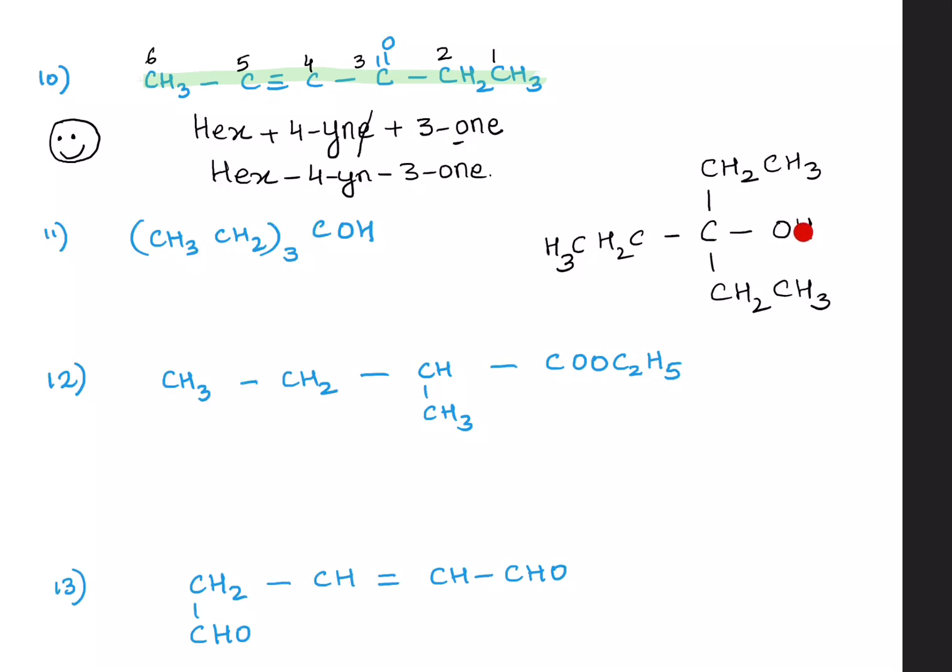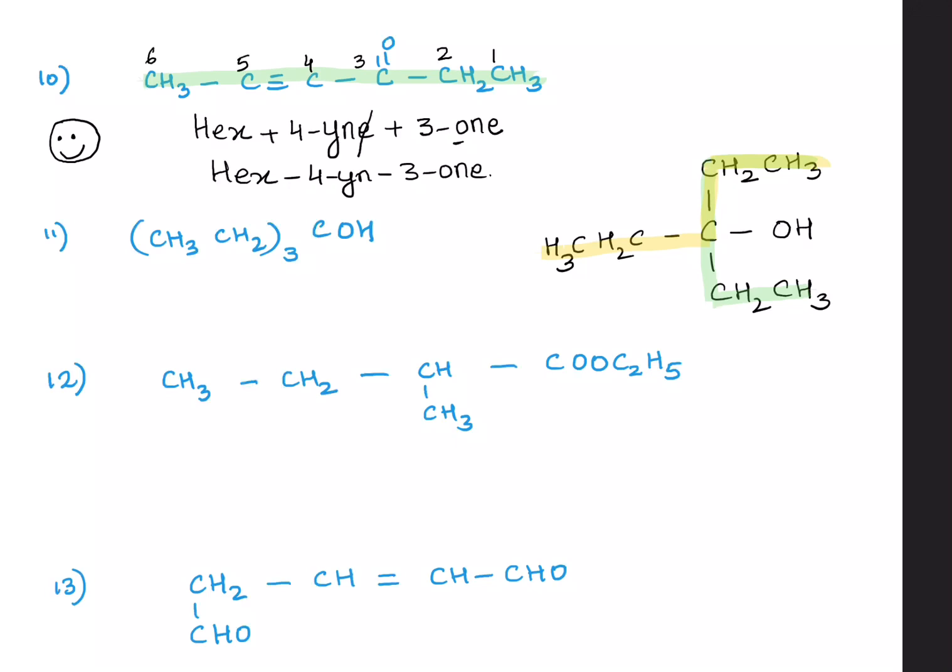Now I have to number this. Let's highlight the longest chain first. Did you highlight this as the longest chain? Very good. If you've highlighted that, wonderful. Did you highlight this as the longest chain?